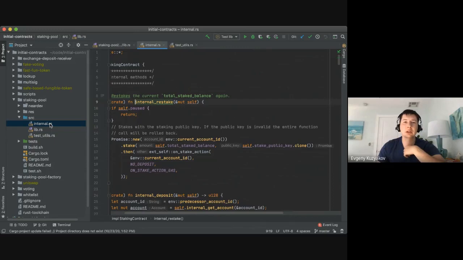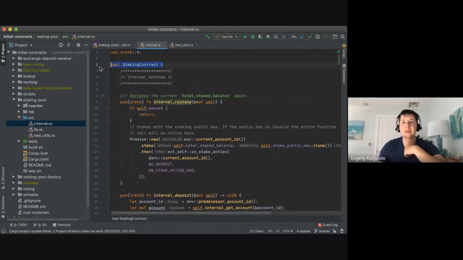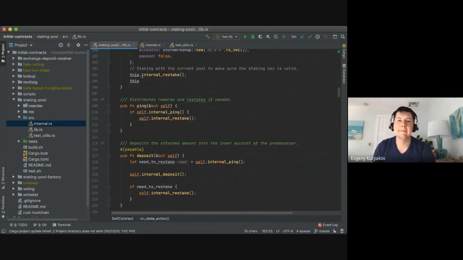The internal module has the implementation without the NEAR macro. So none of these methods will be visible to be called by someone else on the chain. They can only be called within this contract internally. They don't generate JSON formats and don't deserialize state. So they all act as regular Rust methods.